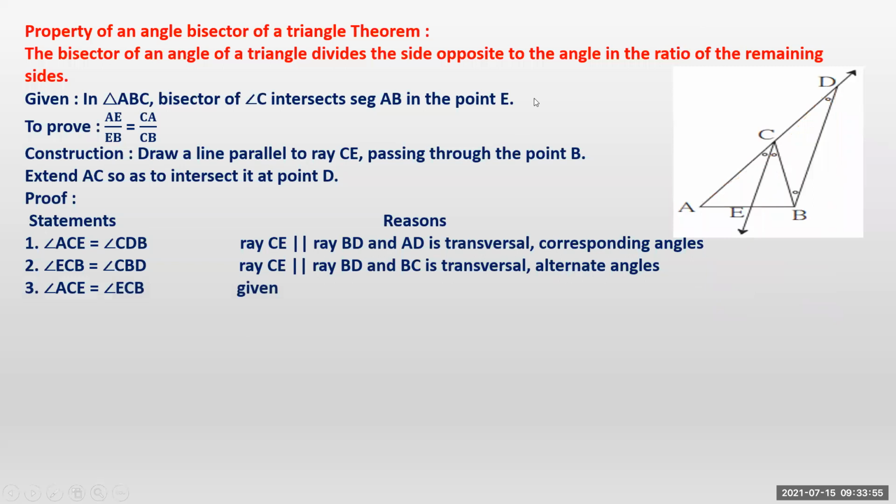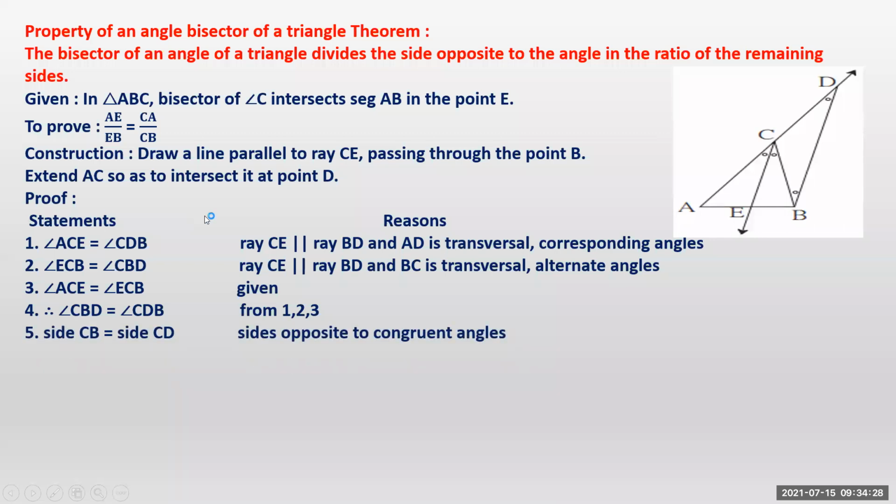Now, angle ACE equals to angle ECB. This is given to you because CE is the bisector of angle C. Therefore, angle CBD equals to angle CDB from statements 1, 2, and 3. So from statements 1, 2, and 3, the two angles are equal.